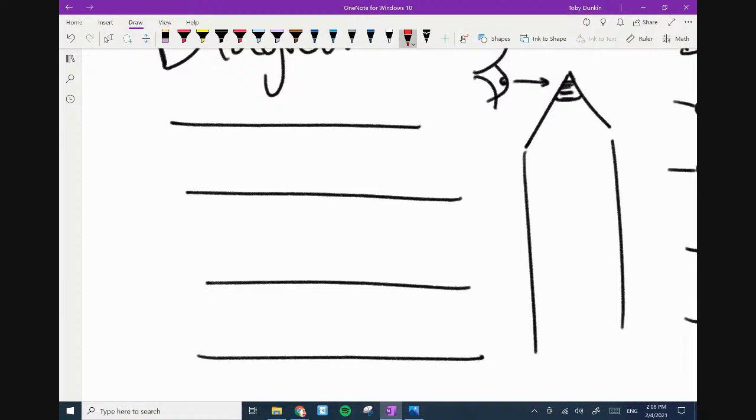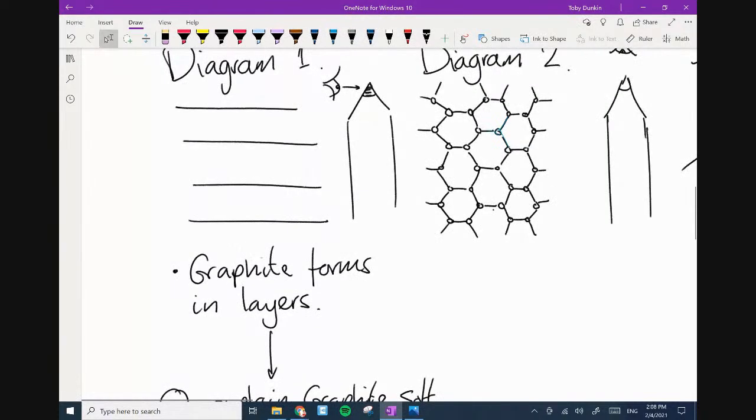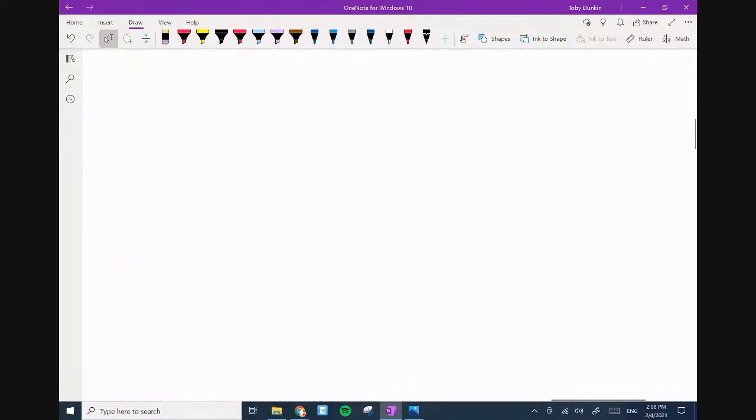So just to tell you that within graphite's layers, we've got strong covalent bonds in these hexagon structures. Yeah, these here are super strong covalent bonds.